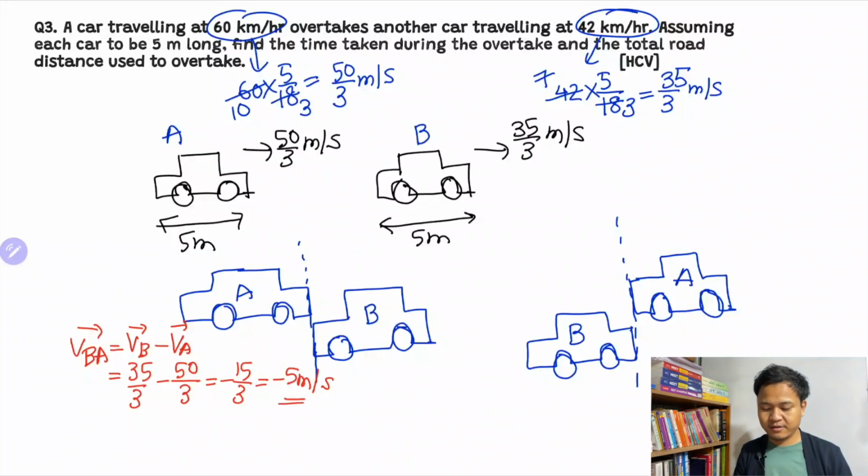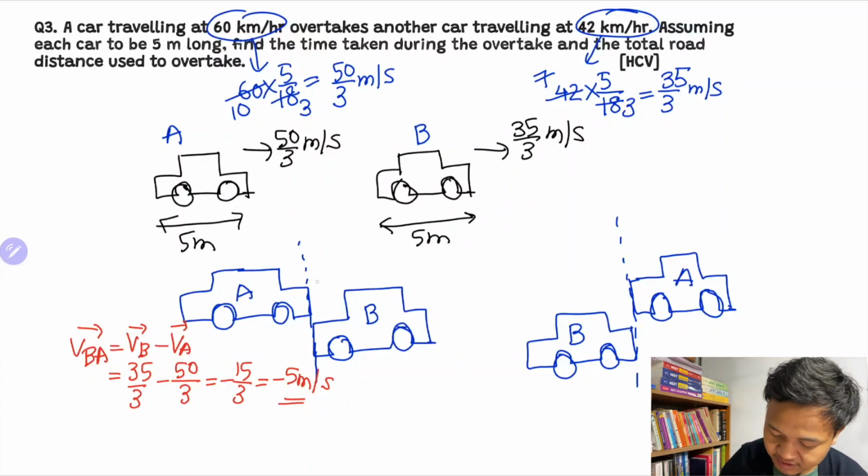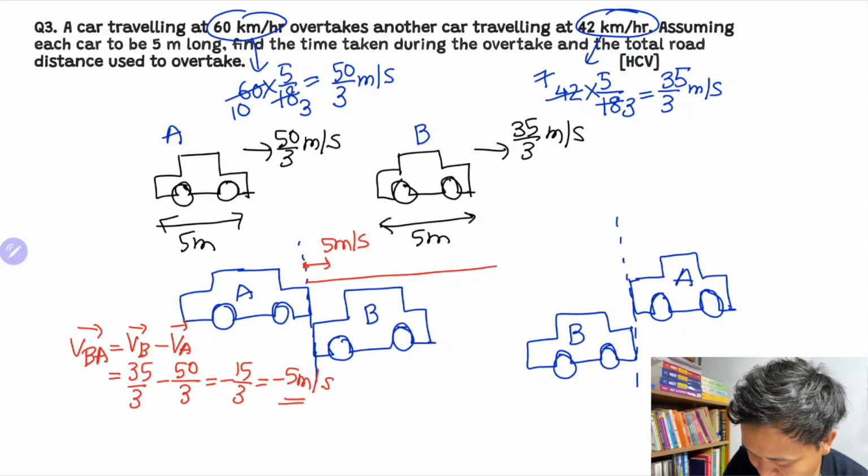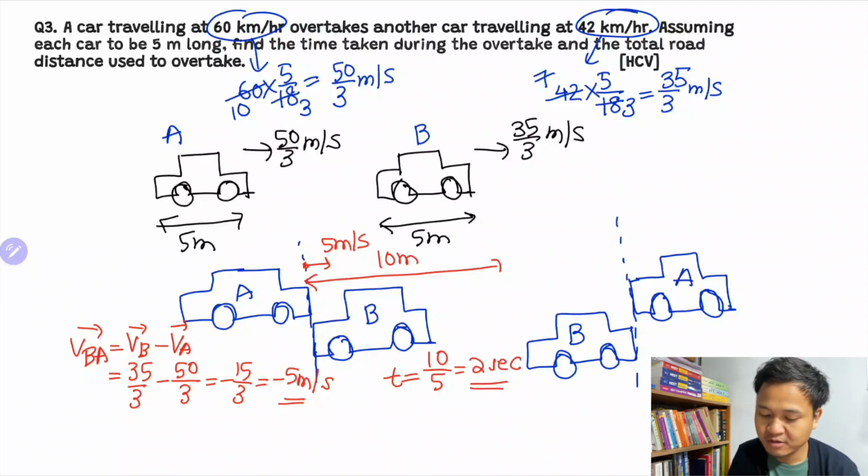The relative velocity is minus 5 meter per second, and it has to cover 10 meter. You can think of this as 5 meter per second motion traveling 10 meter. So what is the time? 10 by 5, so 2 seconds. It will take 2 seconds to overtake.